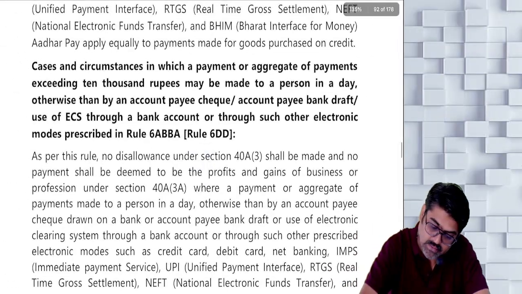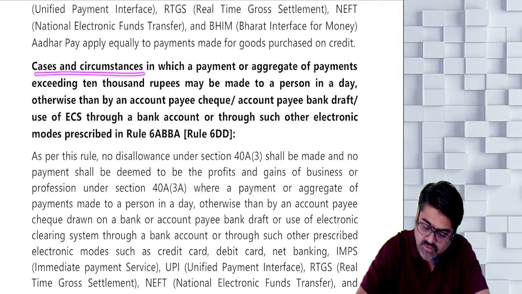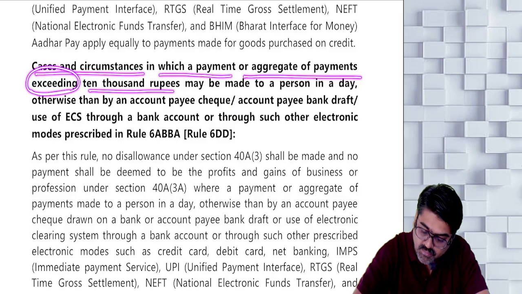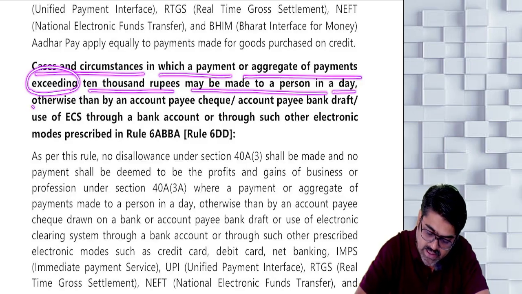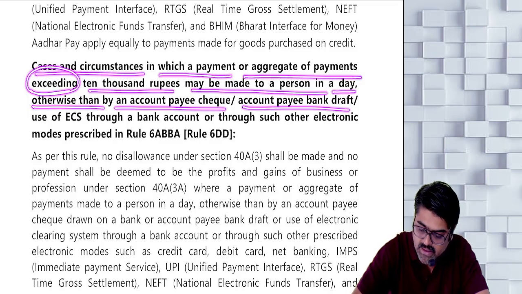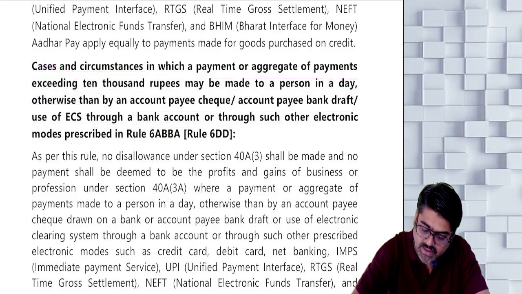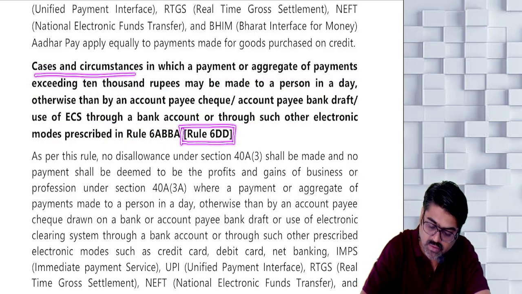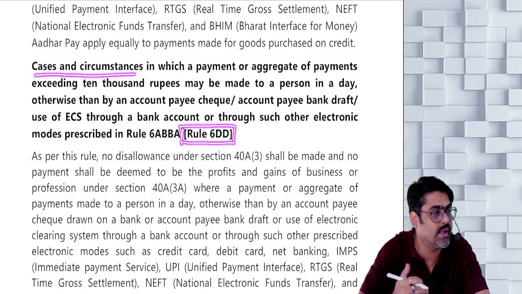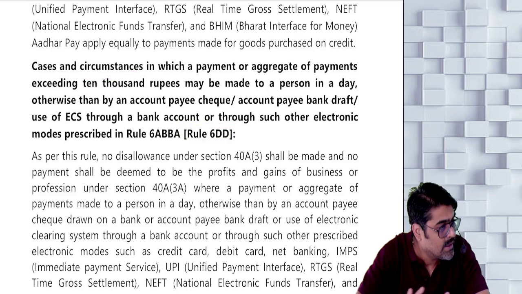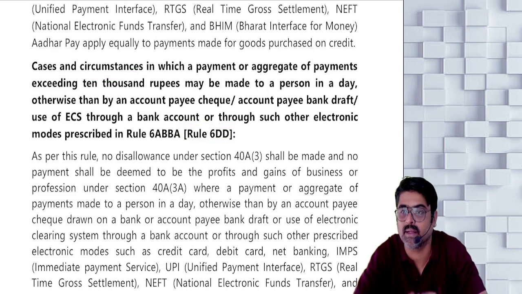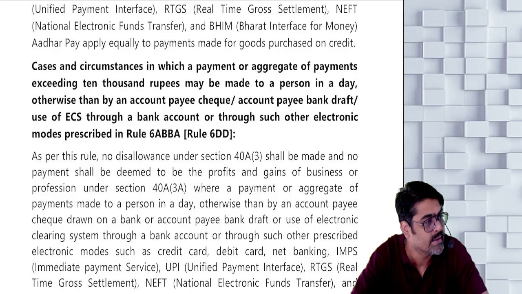See here. Cases and circumstances in which a payment or aggregate of payments exceeding 10,000 rupees may be made to a person in a day otherwise than by account payee cheque, account payee bank draft, use of ECS through a bank account or through such other electronic modes prescribed in Rule 6ABBA. Meaning Rule 6DD is telling you the cases and circumstances where 40A(3), 40A(3A) will not be attracted, no disallowance will be made, no deemed PGBP income will be considered.